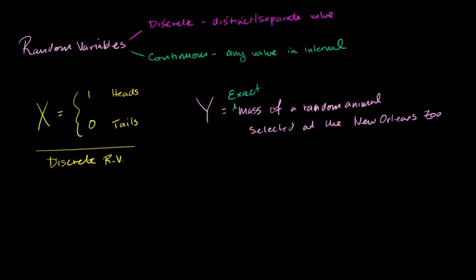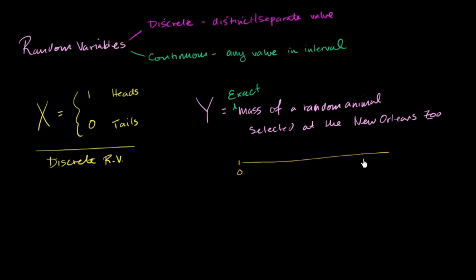So that mass, for example, at the zoo, might take on a value anywhere between, well, maybe close to 0. There's no animal that has 0 mass, but it could be close to 0 if we're thinking about an ant, or a dust mite, or maybe even a bacterium, if you consider it an animal. I believe bacterium is the singular of bacteria.